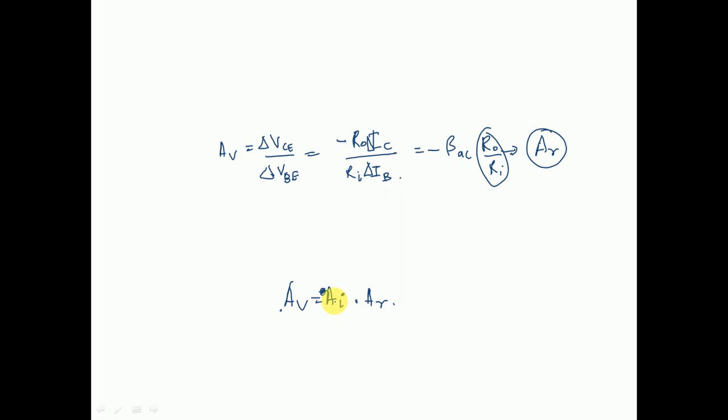The negative sign is not incorporated here. So the voltage gain is written as current gain into resistance gain. Questions will come directly from this particular topic, so please note it down properly.